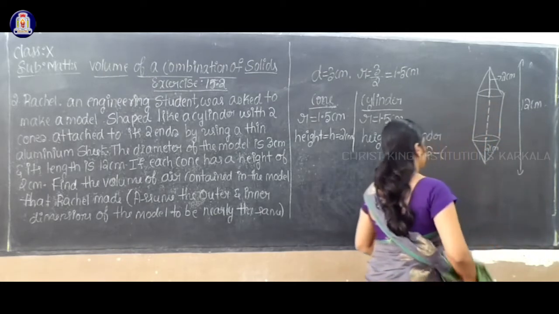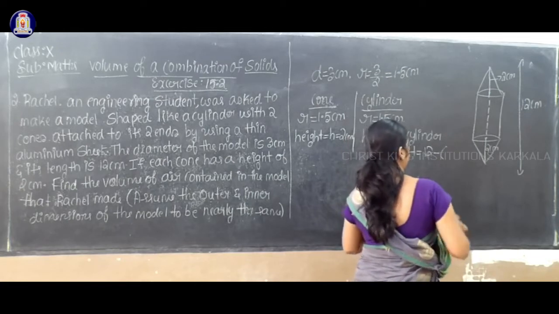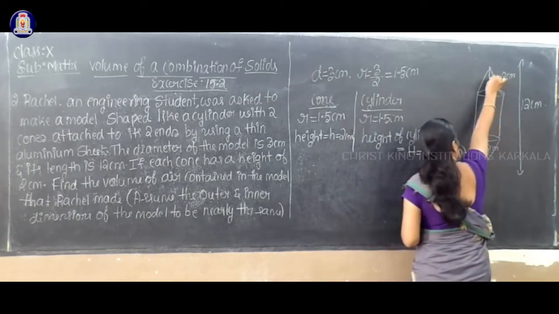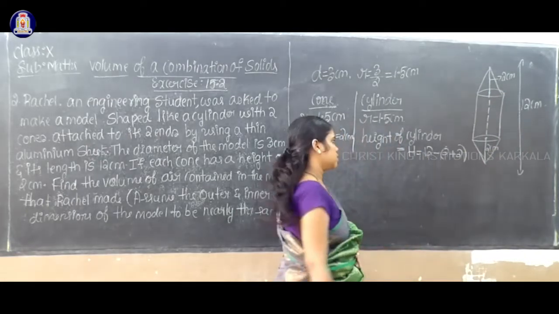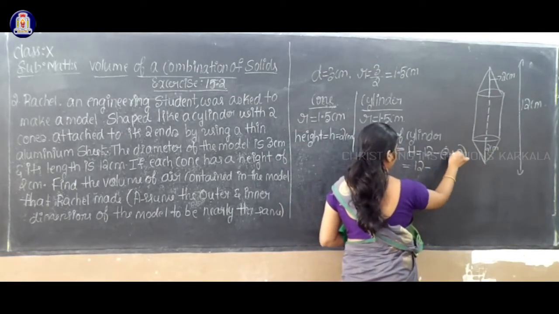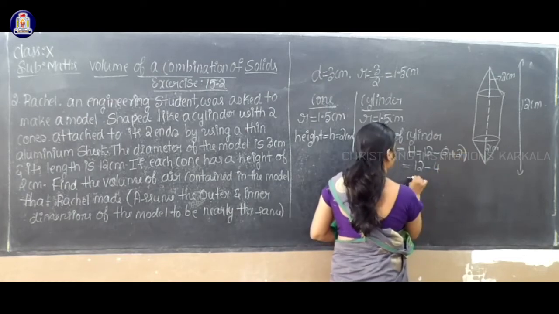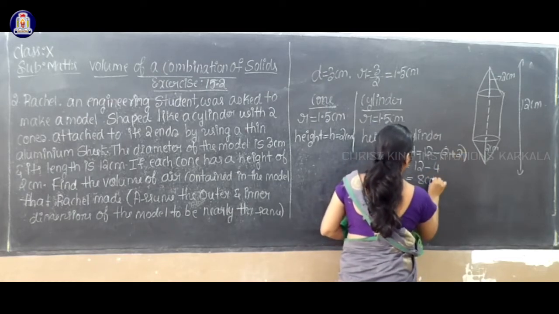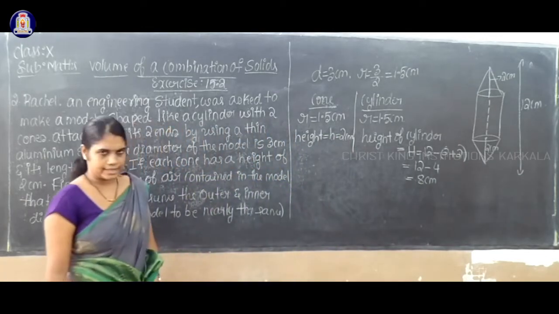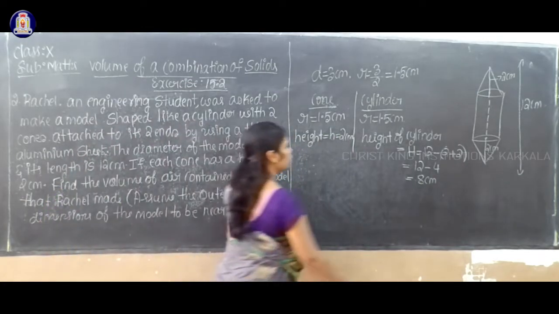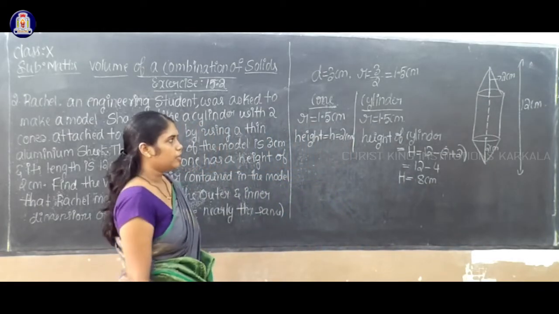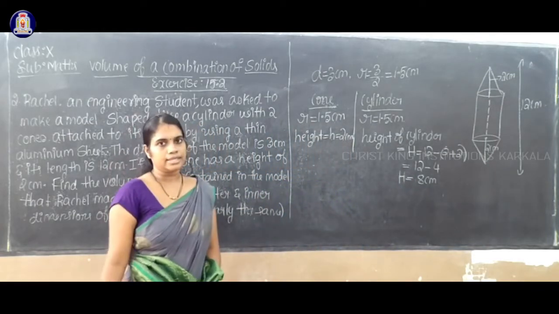So 12 minus 2 plus 2, equal to how much? 4. So 12 minus 4 is equal to 8 centimeter. So the height of the cylinder is about 8 centimeter.